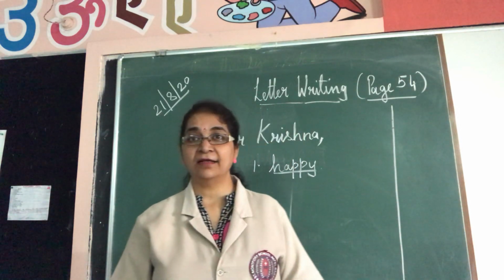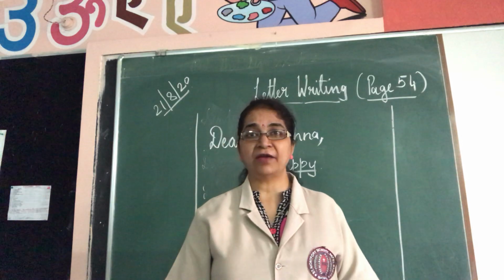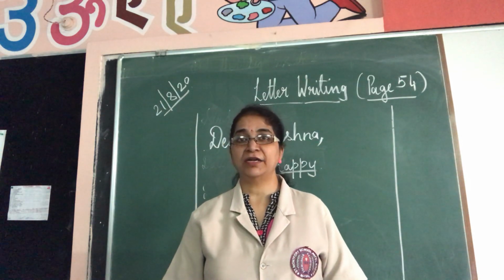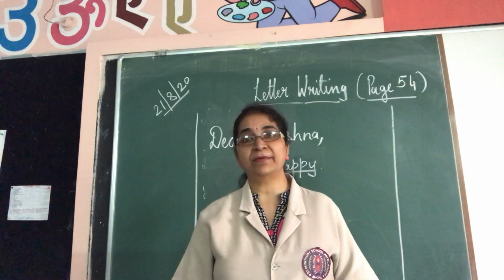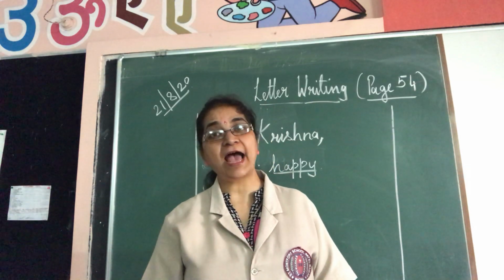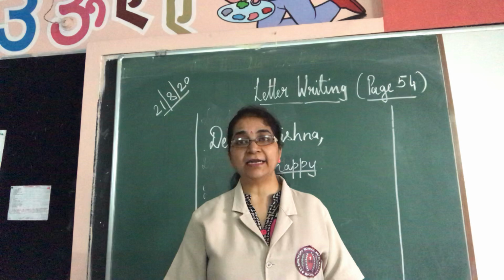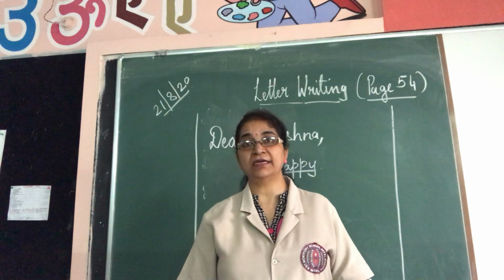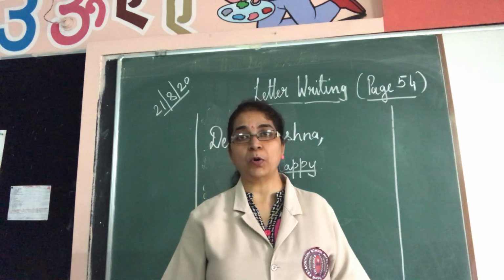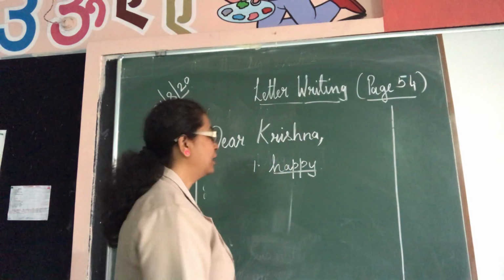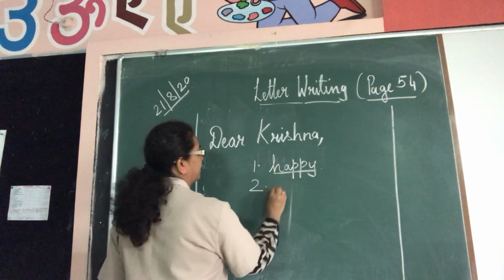What did Sudama take for Krishna? He took poha. So I am glad, matlab I am very happy, that you ate the dash. In the second dash what will come? Poha. What is the spelling of poha? P-O-H-A, poha.